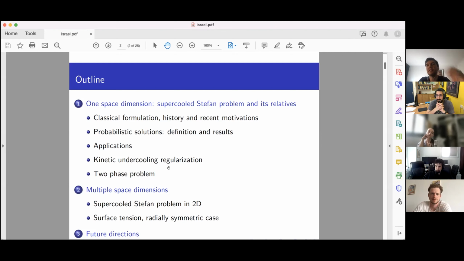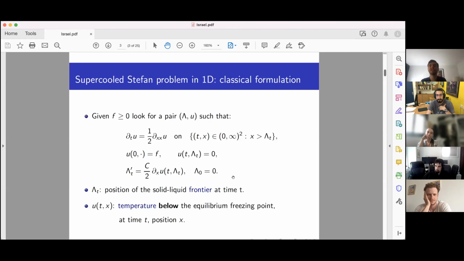And then I'll tell you about two problems in higher space dimensions, where again the probabilistic approach leads to new results. And finally, I'll tell you what the future directions are, where we're headed with this agenda. All right, so let's get started.